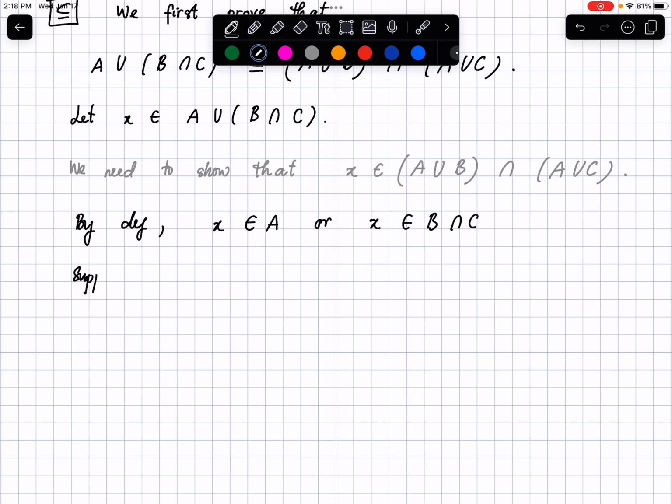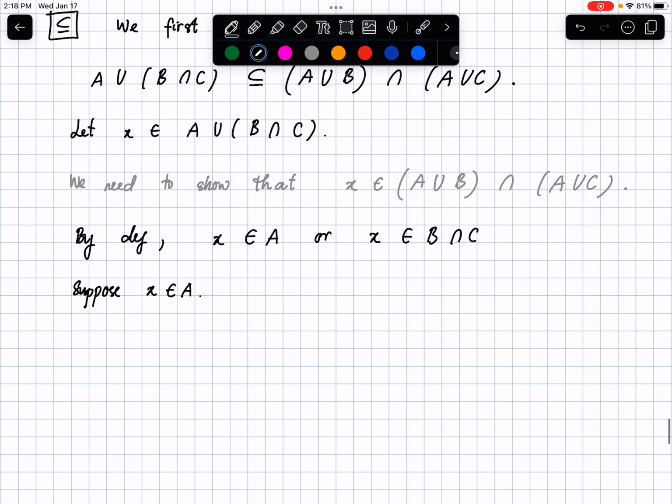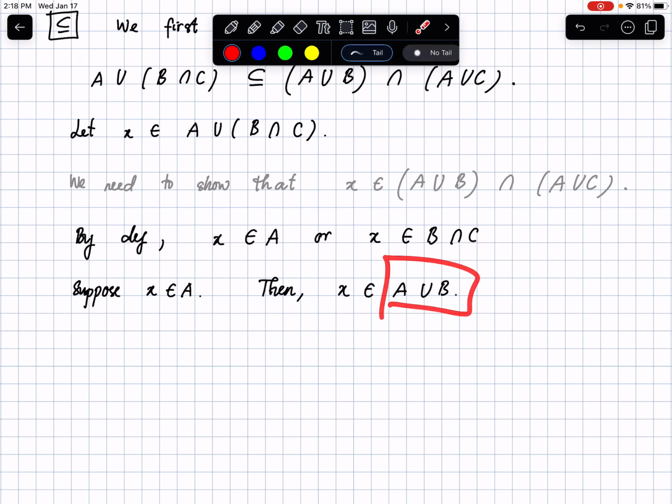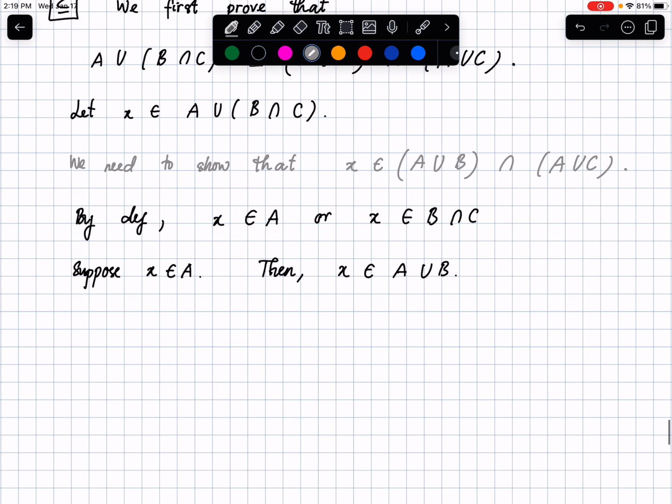Suppose x is in A. What happened? Then x must be an element of A union B by definition of the union. Let's just note here that we did prove this: we proved that A is a subset of A union B, if you remember that.